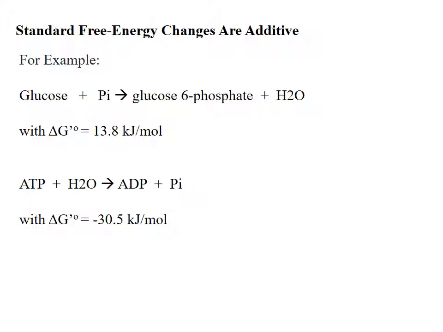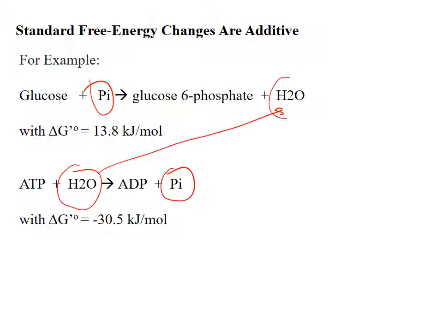ATP to the rescue. Now we have ATP, which when hydrolyzed yields ADP plus phosphate. Now this is already a good sign. We have a phosphate here, we have a phosphate here, and we have water here, and we have water here. So this reaction, if you remember, has a delta G of negative 30.5 kilojoules per mole.